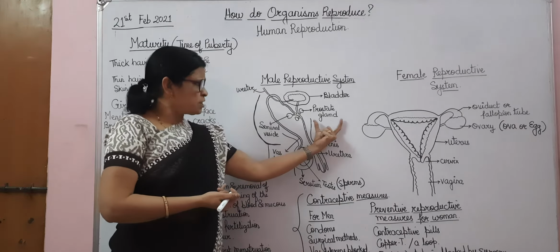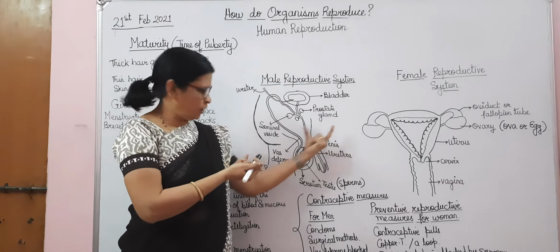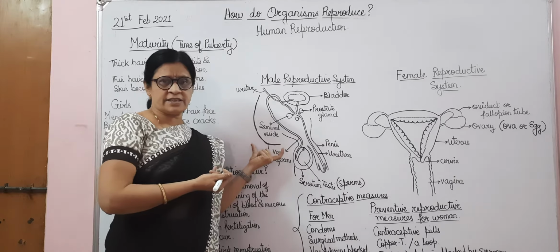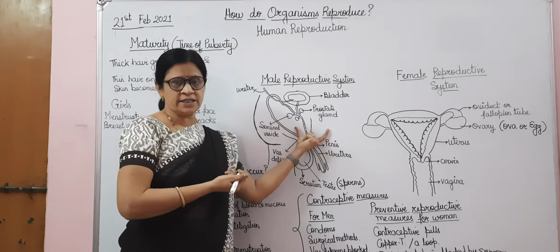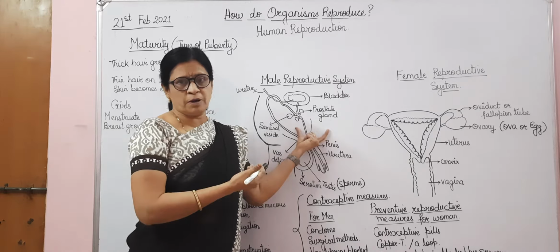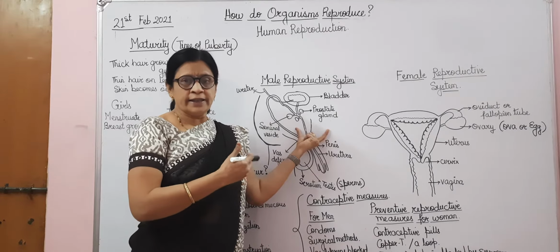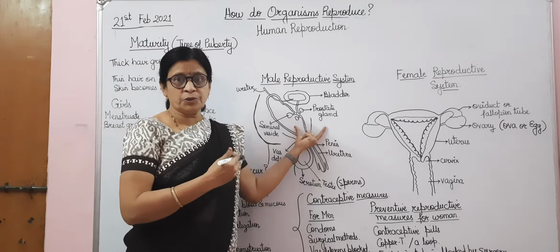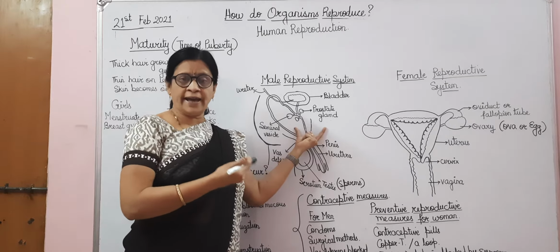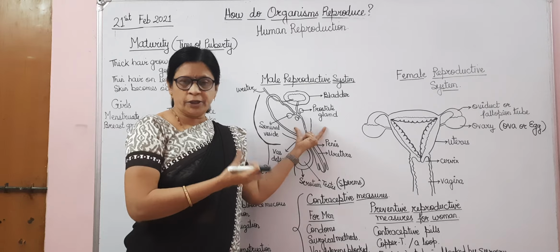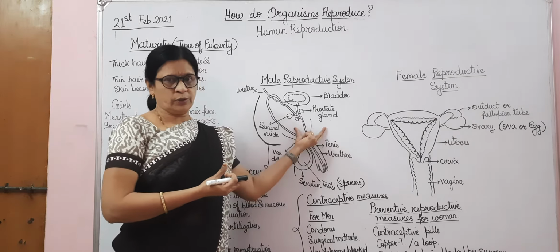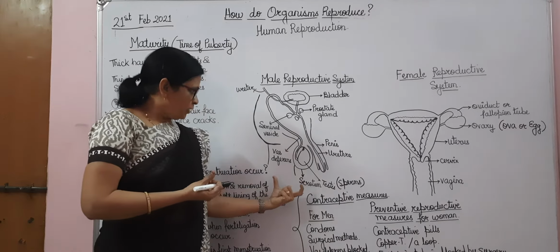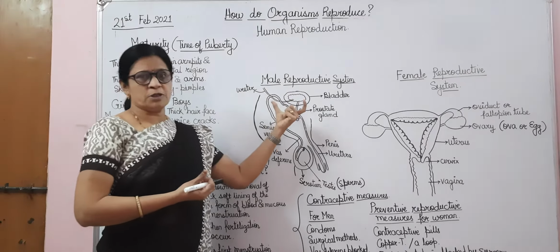Now the prostate gland is attached to this vas deferens, and the seminal vesicles are also attached. These glands give moisture to the sperms so that they can be fluid and can easily move. They are also responsible for nutrition, giving nutrition and fluidity to the sperms and the urine. So this is how the male reproductive system works.